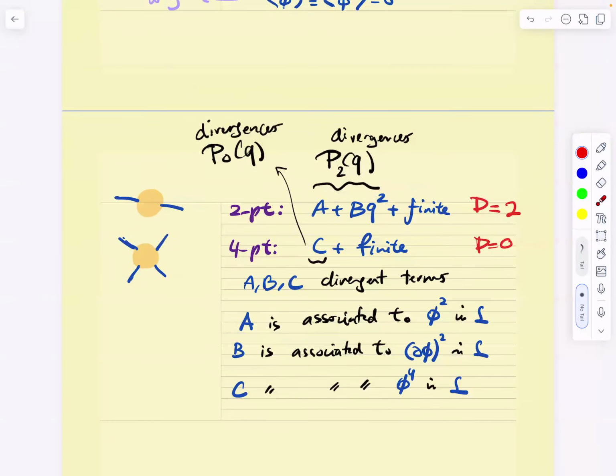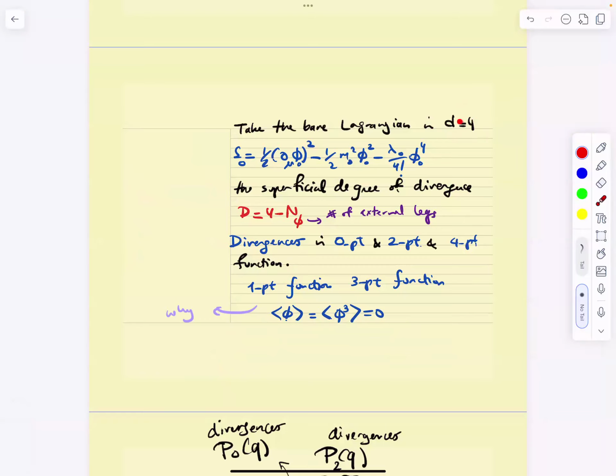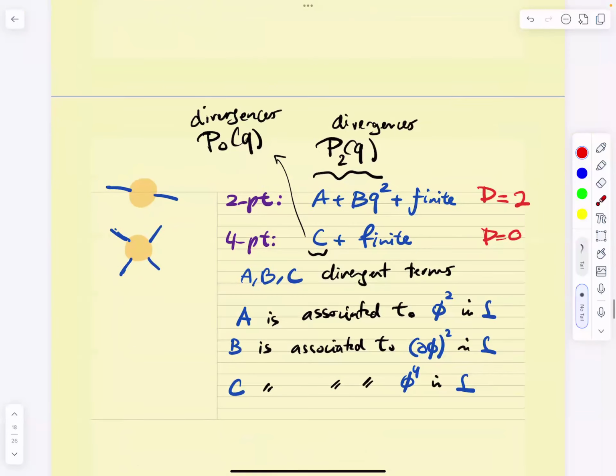So this simple argument tells you that in lambda phi 4 in d equal 4 dimensions, all the divergences you're going to encounter are expected to be captured by three divergent terms, A, B, and C. A is associated with the phi squared term in the Lagrangian. B is associated with del phi squared, like the two-point function of del phi squared, since every del brings down a q.